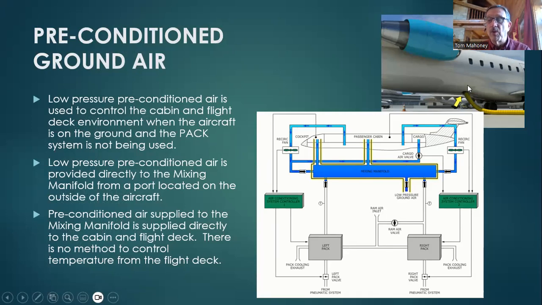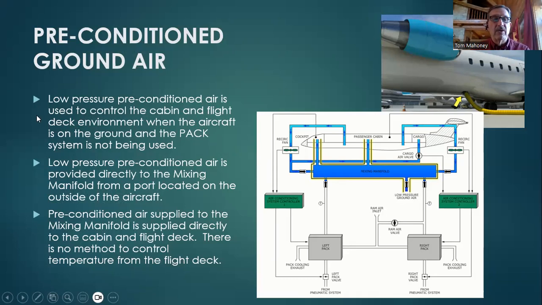And you'll notice that we have a port on the side of the aircraft right here. That's what this represents. We're pushing preconditioned air right into the manifold. And then from the manifold, that preconditioned air goes into the cockpit in the normal manner. So this is considered low pressure air.